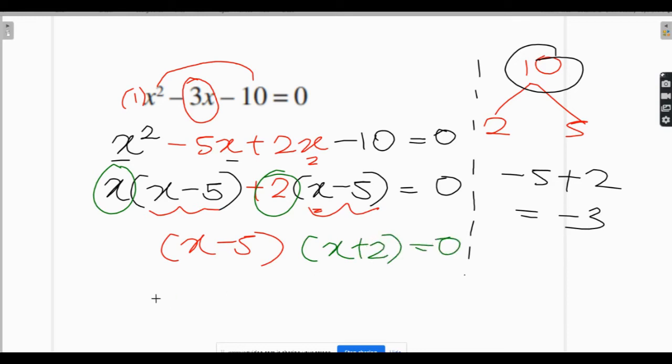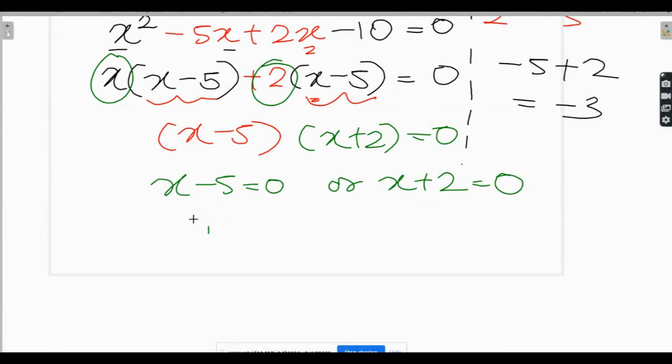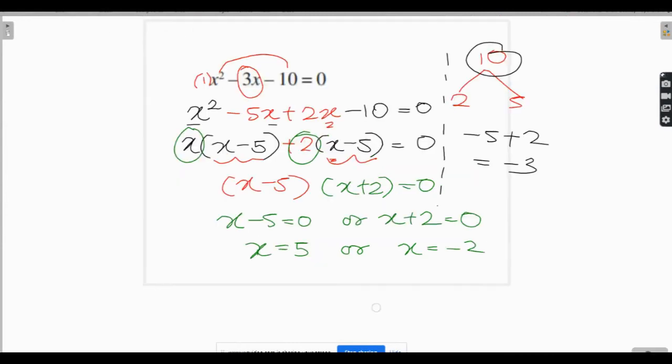Then what do you do? Simple. x minus 5 is equal to 0, or x plus 2 is equal to 0. So x is equal to 5 or x is equal to minus 2. These are the roots or zeros of the equation.